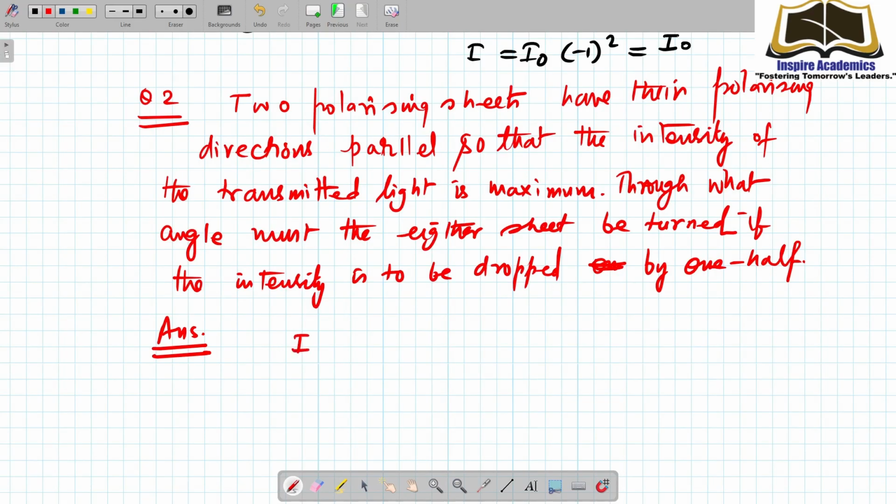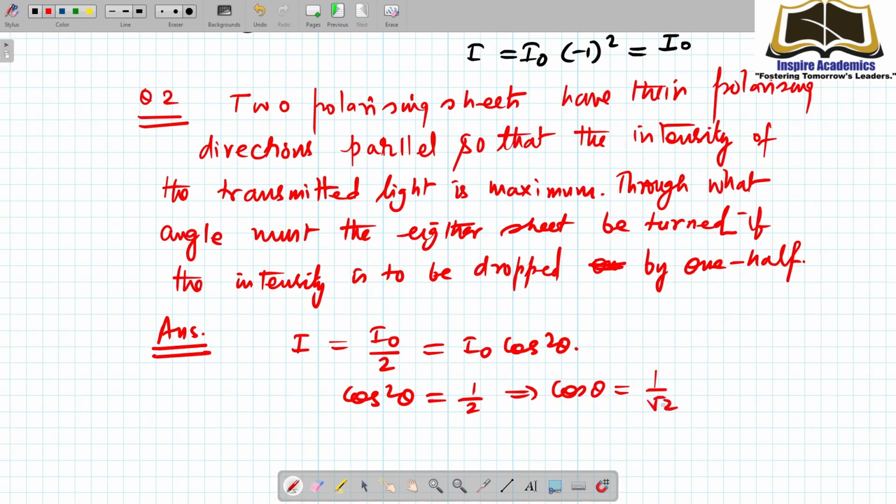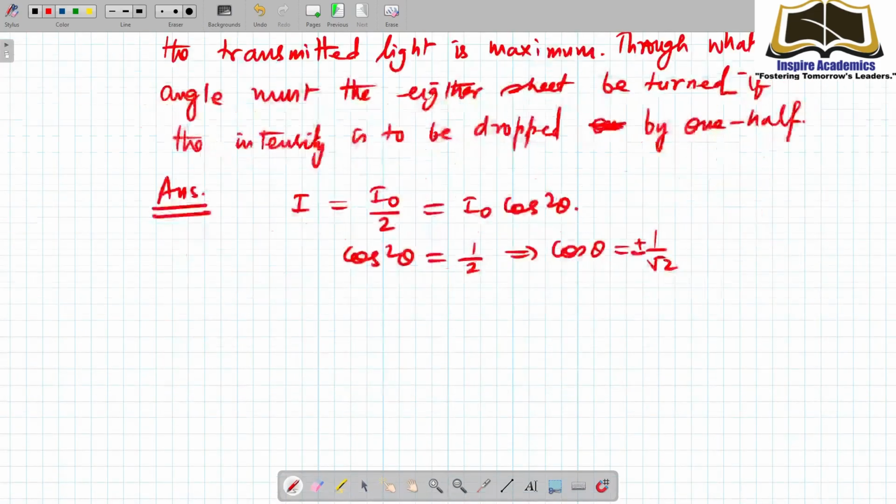Here we want I should become I naught upon 2. That's what half means. So it should be I naught cos square theta, which means cos square theta should be 1 upon 2, which means cos theta should be 1 upon root 2. Yes, definitely, both plus minus. So there are two cases here.